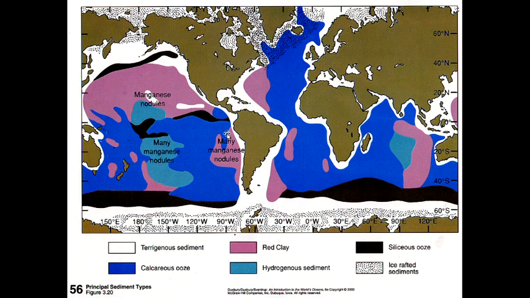The bunch growing over here on this western coast of South America is mostly because the bulk of the rivers of South America don't flow in this direction towards the west, they're flowing towards the east. And so there's not a lot of terrigenous sediment swamping the ocean floor here.